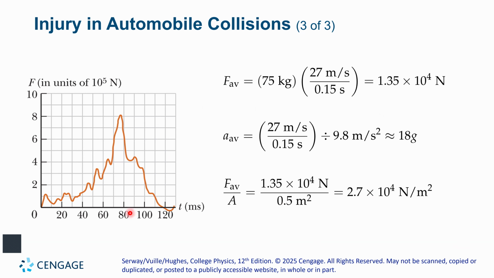This is a graph of force on a car versus time in a typical collision, and similar calculations for a different time interval of 0.15 seconds give us that the whole body pressure is 270,000 newtons per meter squared.